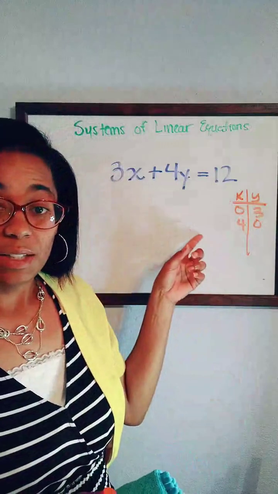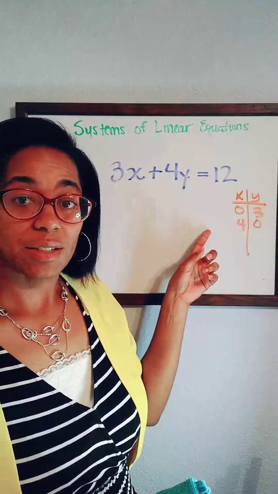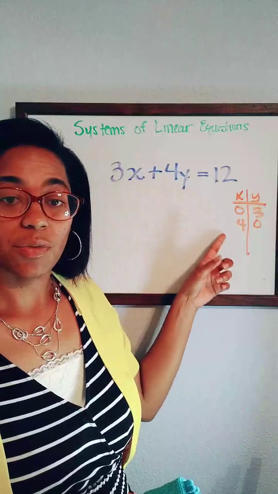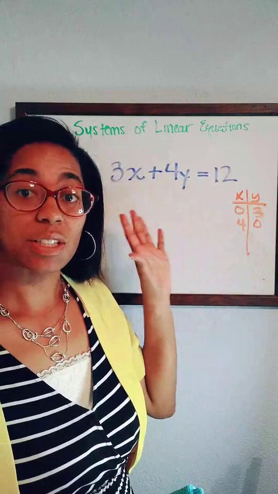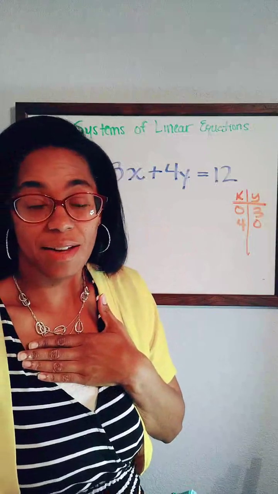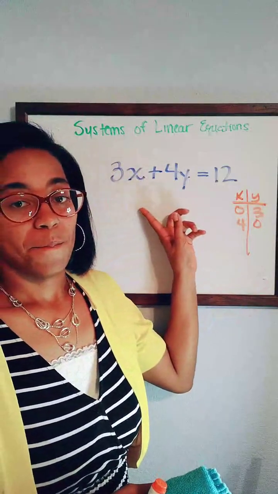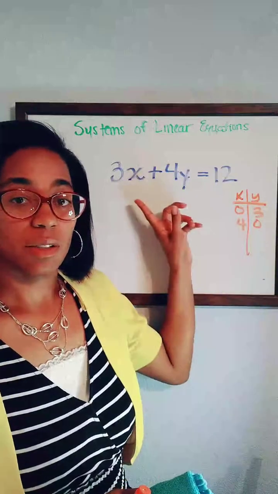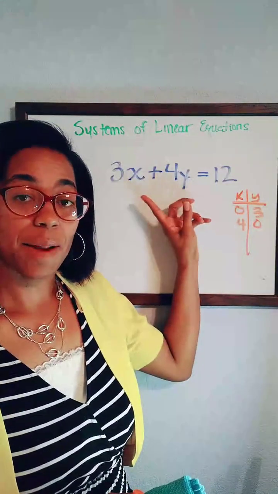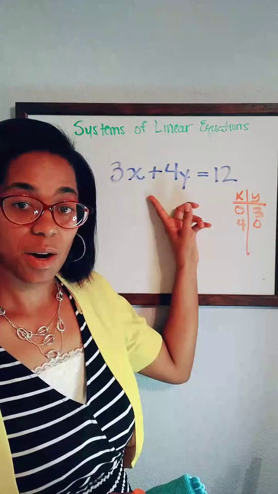And we just found two answers: 0, 3, and 4, 0. So we figured out that we can substitute in values to find missing pieces, right?